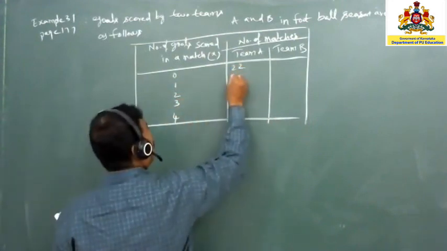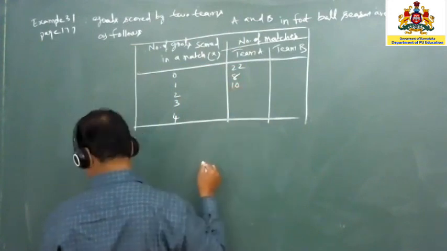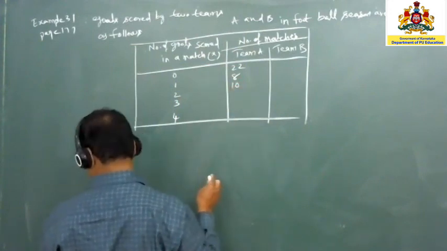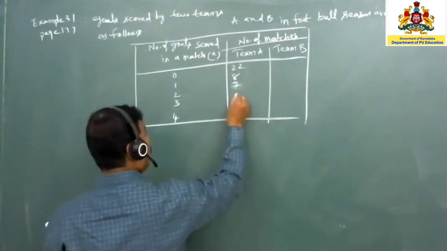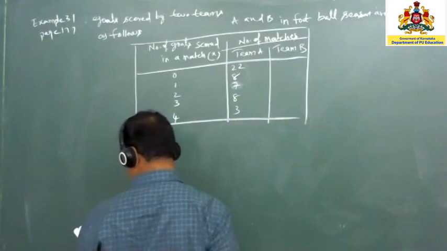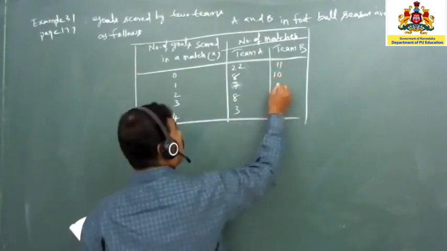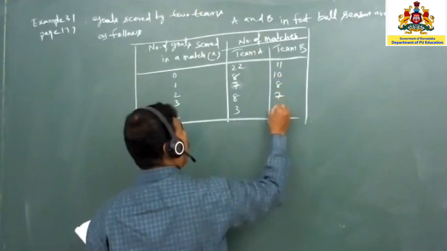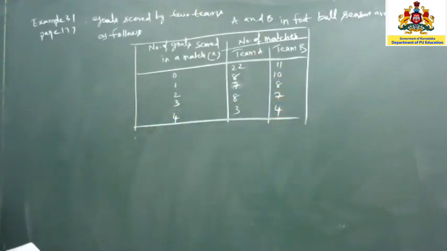Team A: 22, 8, 7, 8, 3. Team B: 11, 10, 8, 7, 4. So two data are given, and the given data is a discrete frequency distribution.